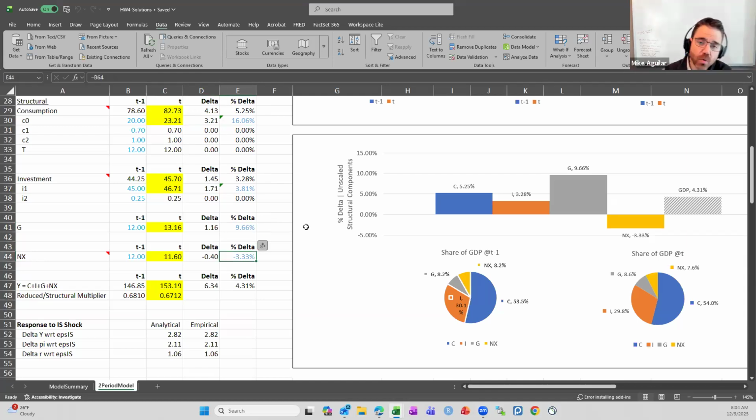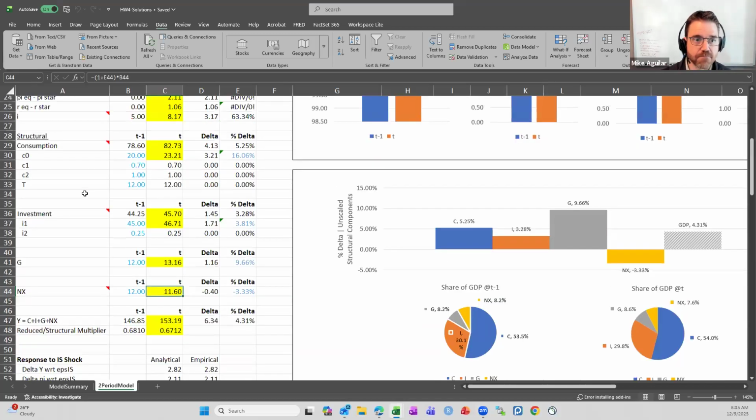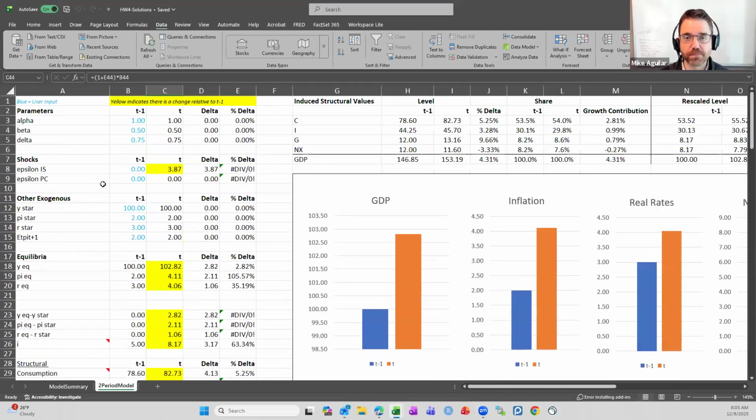Sounds like you're done, right? You're not quite done. Okay, so let's think about this. Again, this is the difference between reduced form and structural, theoretical as well as empirical. If all I did was change these values here, and here, and here, and here, none of that would impact my reduced form model.